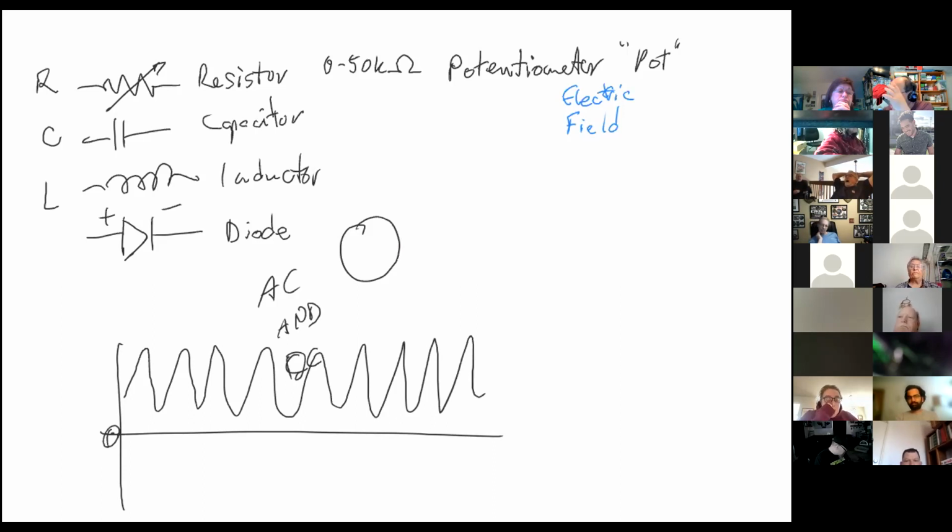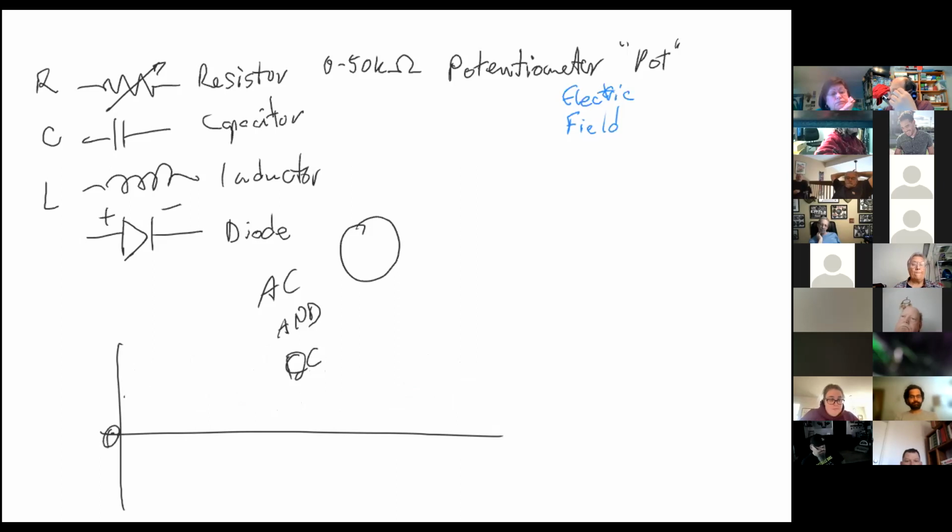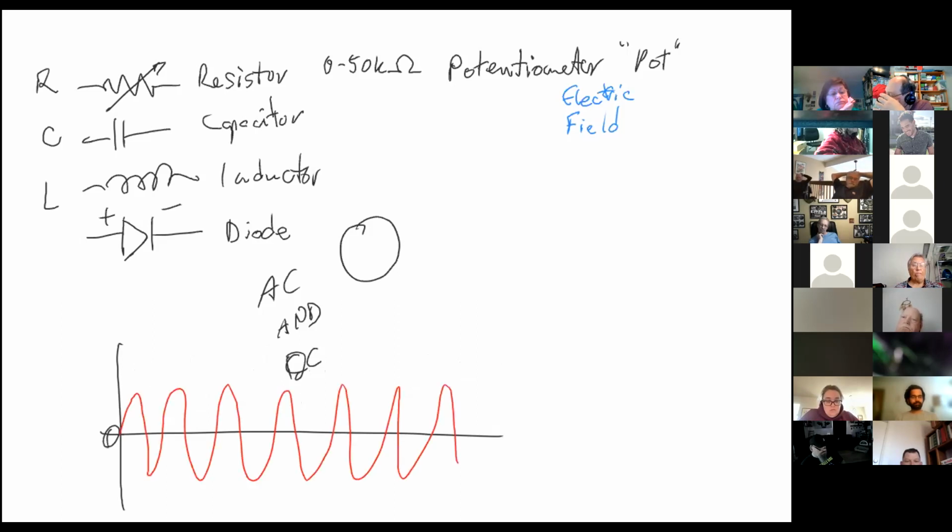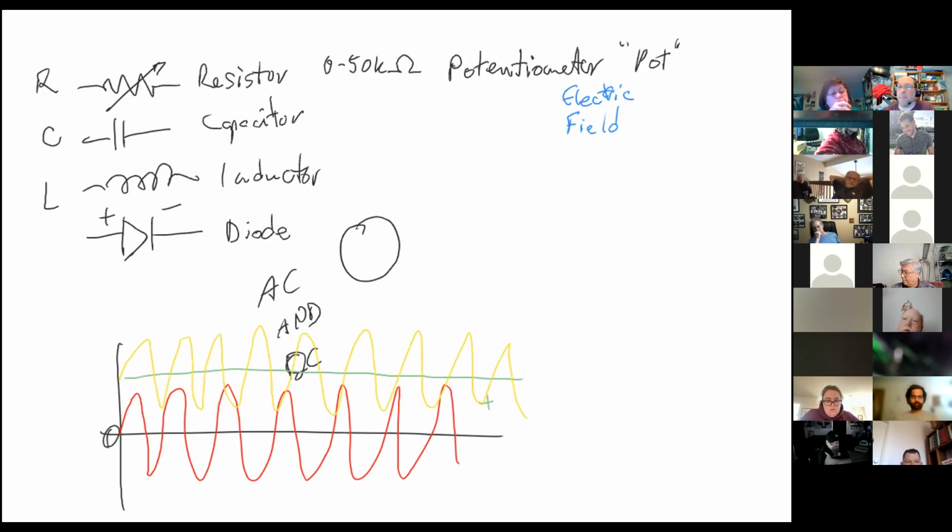But you could actually draw this as instead of that, I could actually draw it as the sum of this and this. Right? If I were to add those two things together, the result would be something that looked like this. It would always be above 0, but it would be bouncing up and down.